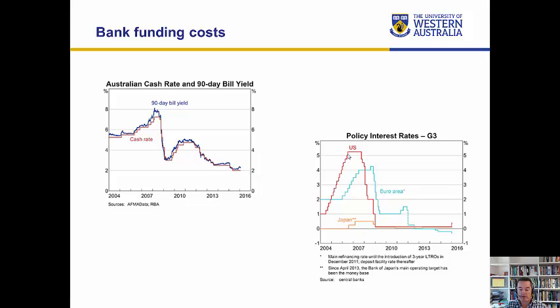So when short-term interest rates change, they don't affect long-term interest rates because long-term interest rates are more interested in the course of interest rate changes over the next, say, 10 years, if we're talking about 10-year interest rates.